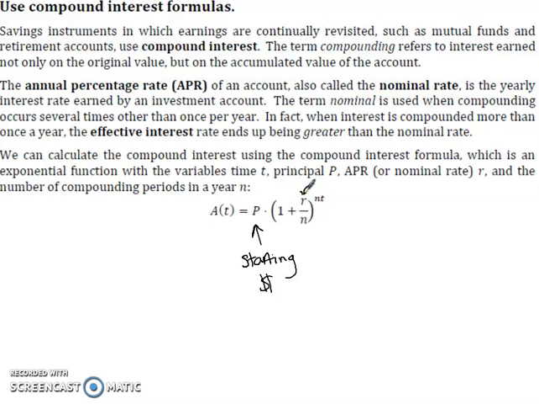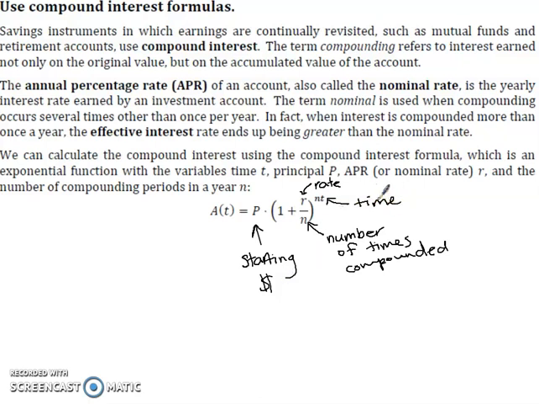The R represents your rate as a decimal. N represents the number of times that your interest is going to be compounded. And our T represents the time that has passed.